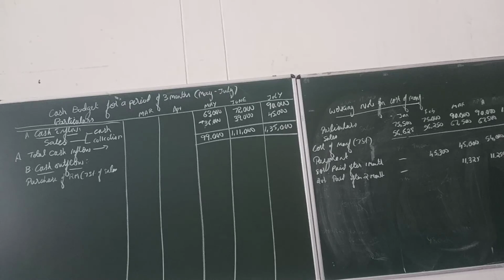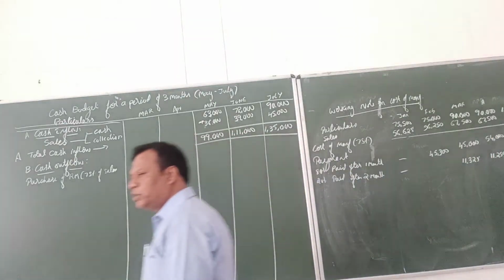How much? 63,000. Remaining 15,750 and 90,000, 80%, 72,000. Rest we are not interested because we are calculating only for May, June and July.